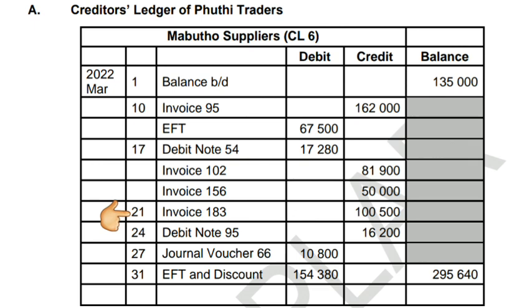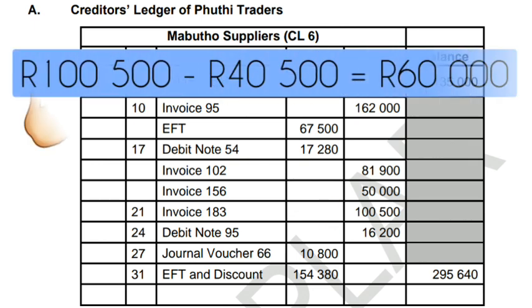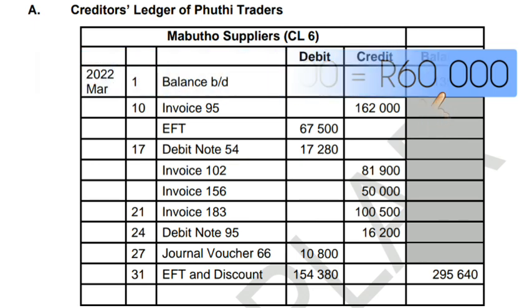We see it on the 21st of March. Invoice 183 is 100,500. So it means that the credit is supposed to be for 100,500. Anytime there is a difference in amounts, the first thing is you take the bigger amount and subtract the smaller amount. In this case, it gives us the difference of 60,000, and this 60,000 is what we are going to use to adjust.